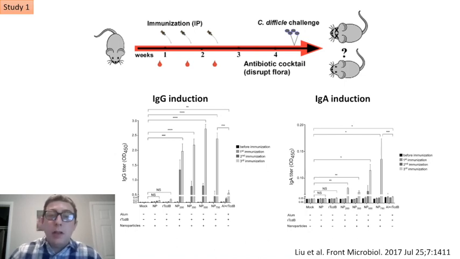Mice were immunized 3 times by IP injection, and before immunization and after each subsequent immunization, blood was taken to look for specific antibodies. What you can see looking at the graphs is that there's significant levels of antigen-specific IgG and IgAs. You can see that after the second dose of the immunization for both of them.